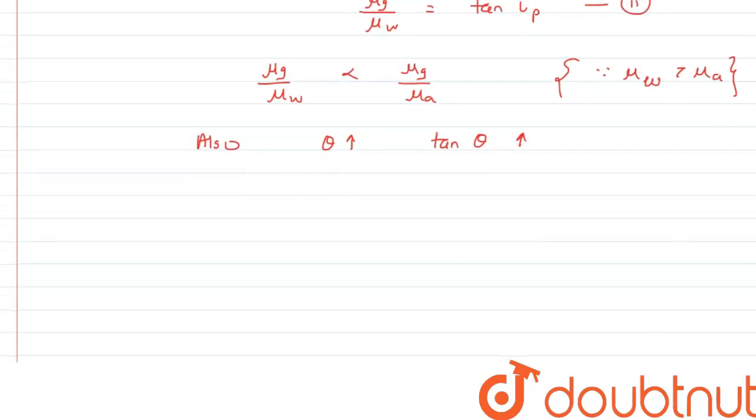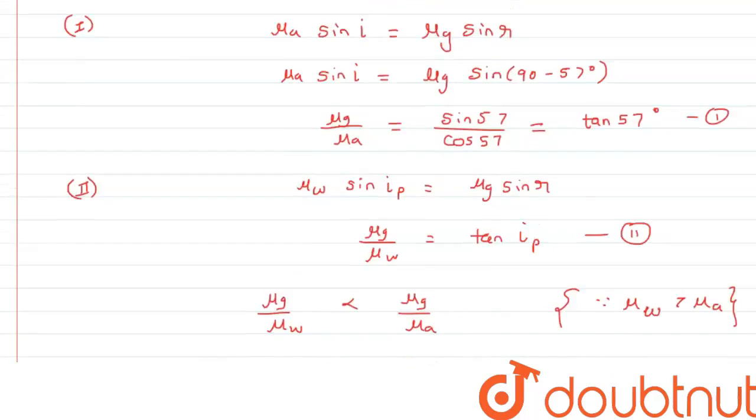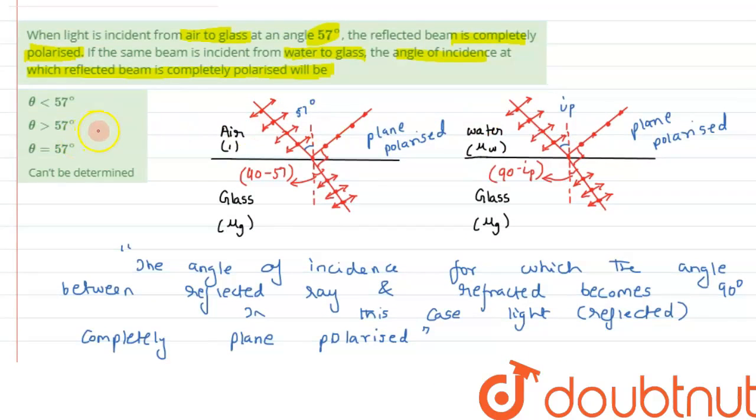So from 1 and 2 we can say ip must be less than 57 degree.